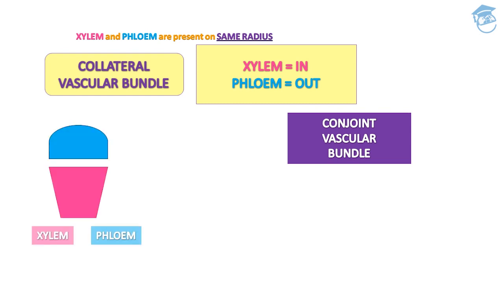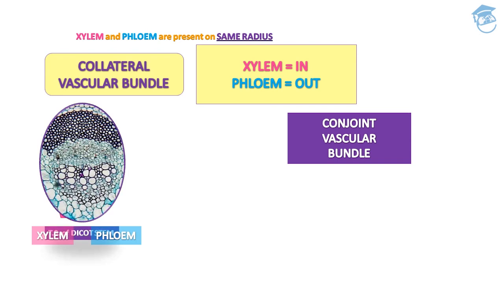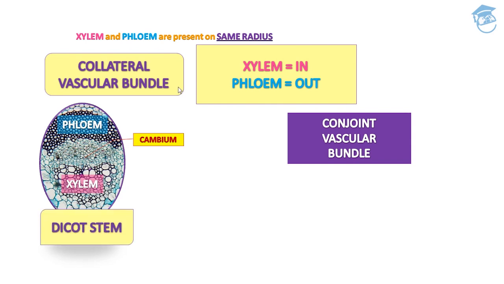Phloem is represented by this sky blue color, and this xylem is represented by this pink color, and this is cambium. Okay, so this kind of vascular bundle is called collateral vascular bundle, and it is found in dicot stem. See, this is xylem, this is phloem, and this is cambium. So xylem is present inside, and phloem is present outside. That vascular bundle is called collateral vascular bundle, and it is seen in dicot stem.